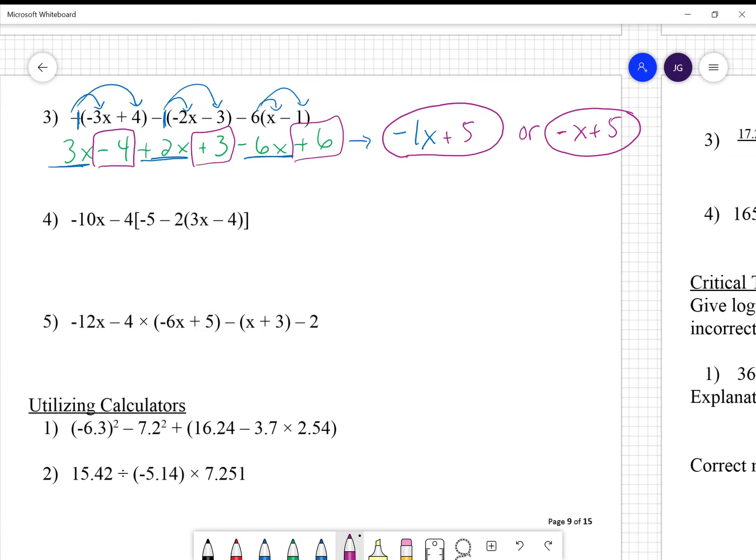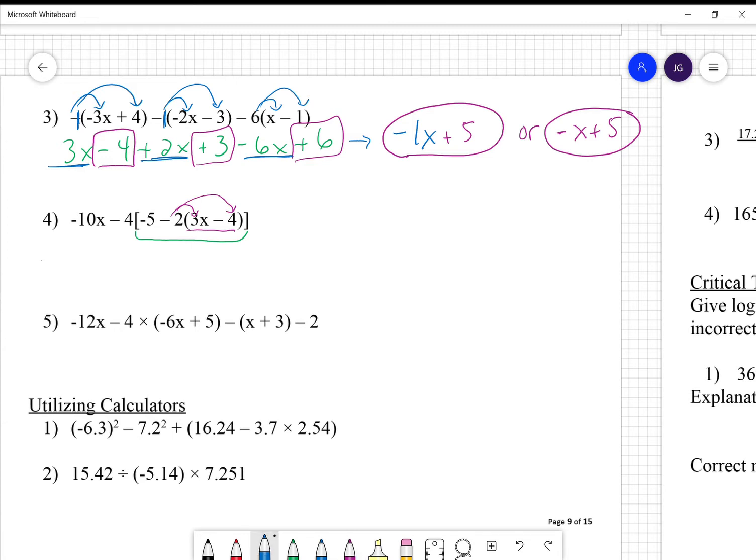In the next example, I actually have parentheses inside of brackets. When you have parentheses inside of brackets, or what's called nested parentheses, you work from inside out. So I'm going to do the parentheses 3x minus 4. I can't combine those. So the only way to get rid of those parentheses is to distribute the negative 2.